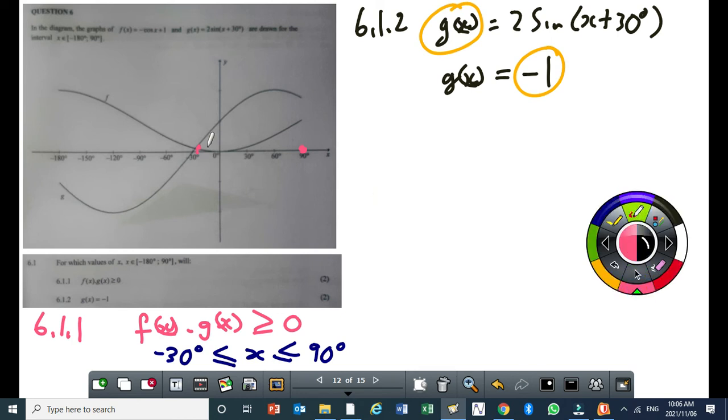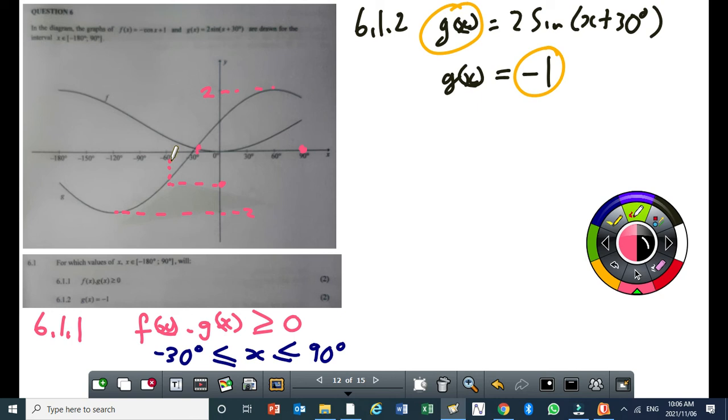You need to know that the amplitude of this graph for g of x is 2. So here you are going to have -2, there you are going to have +2. So -1 is somewhere there. If you go that way, you go up, you get to -60. Do you see that? So your answer there was -60 degrees from the graph.